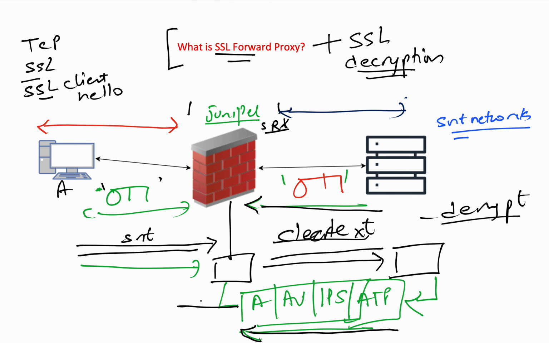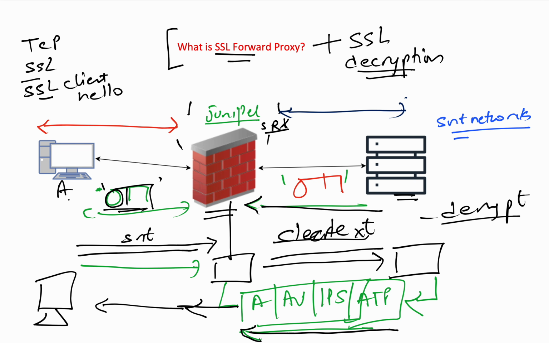When the packet is okay to pass, it will encrypt the packet using this key and send it across. So the client will think that it is coming from the legitimate server, and the server will think that it's coming from the legitimate client. But in between we have a firewall which helps us decrypt the packet and apply all the security policies on it. So this is how it works.